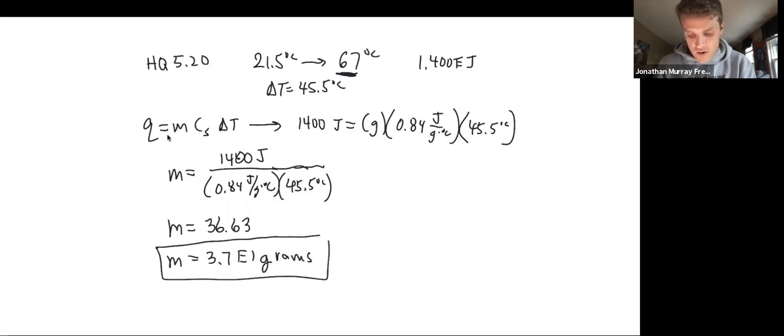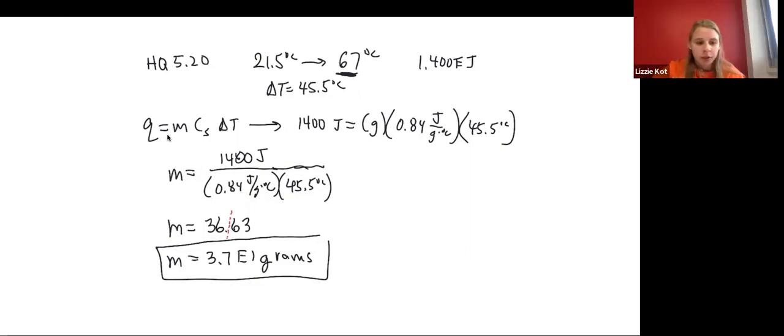We're only going to report 2 significant figures, so I would drop everything after that, and because I'm dropping a 6, which is greater than 5, I'd round that up to 37, and then 37 in scientific notation is 3.7 e to the 1. That makes a lot more sense, thank you.